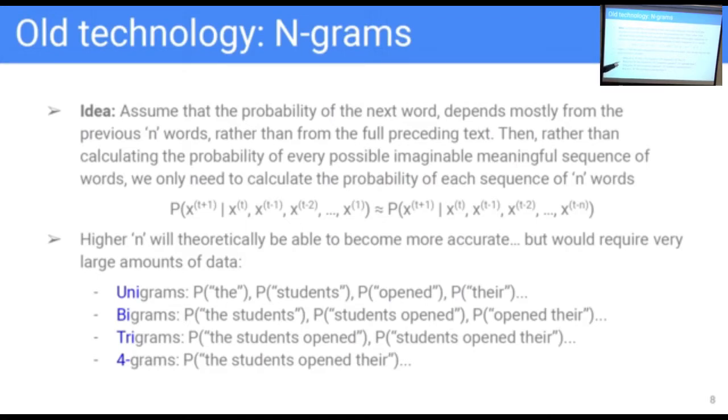Then later you have bigrams, which represent the probability of every couple of words. What is the probability that these two appear together, the probability that these two appear together, and so on. 3-grams do it with 3 words, 4-grams do it with 4 words, and so on.